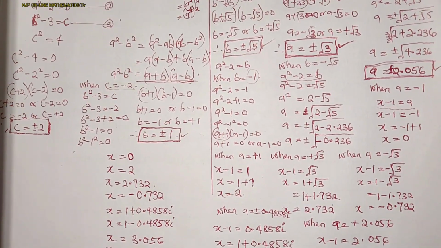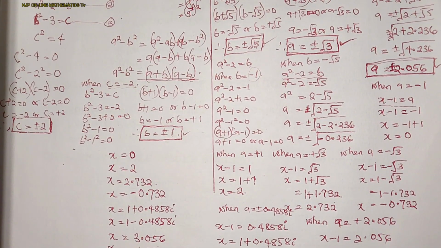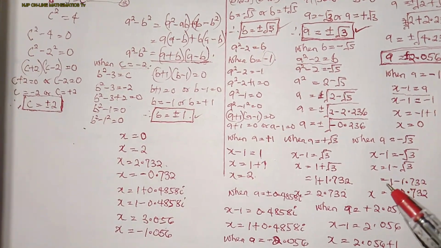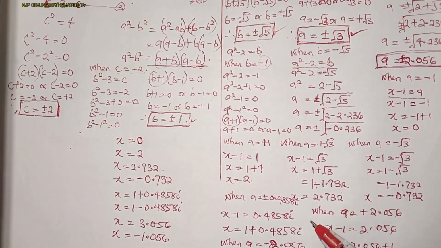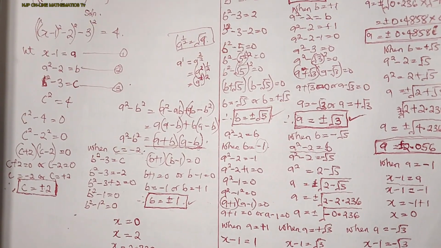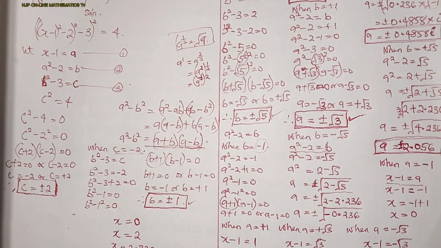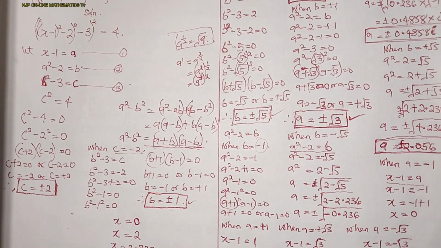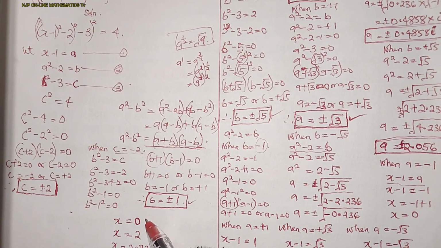So let's see whether each value of x here can satisfy the equation that we have by substituting and checking if it will actually satisfy the equation. So we have first that x equals 0.